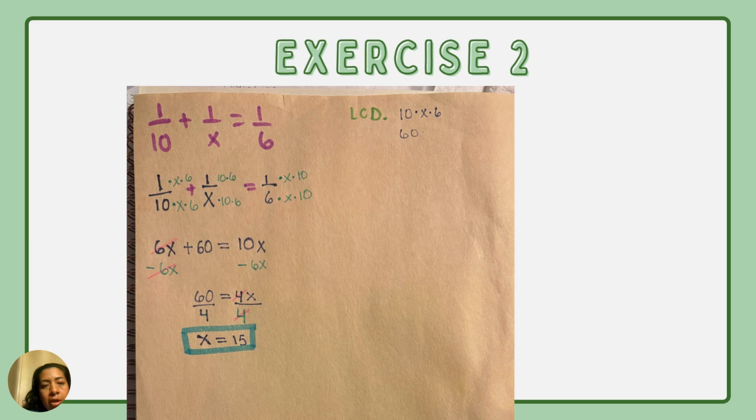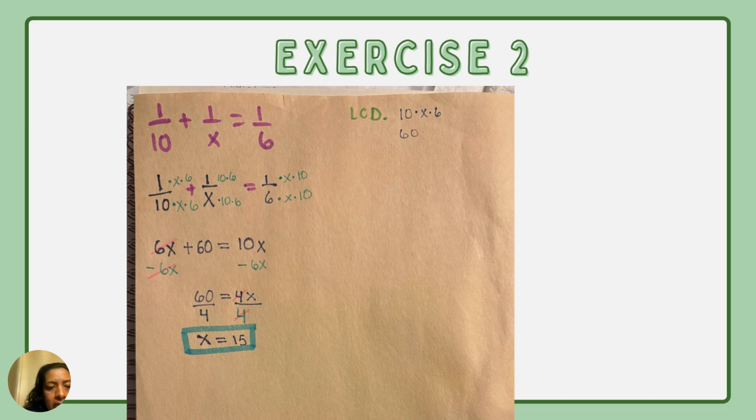The first thing, I look for my LCD, that's 10, x, and 6, and whatever I do for the denominators, I do for the numerators. And once I have all my denominators equal, I just work with the numerators.